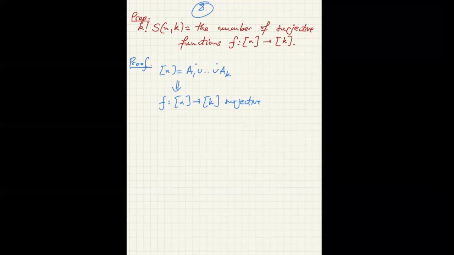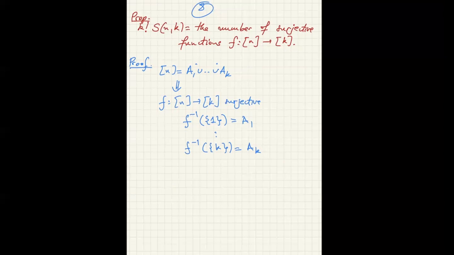I can define the pre-image. So I can say that the pre-image of the element 1 will be the set A1, and so on. The pre-image of element K will be the set AK.